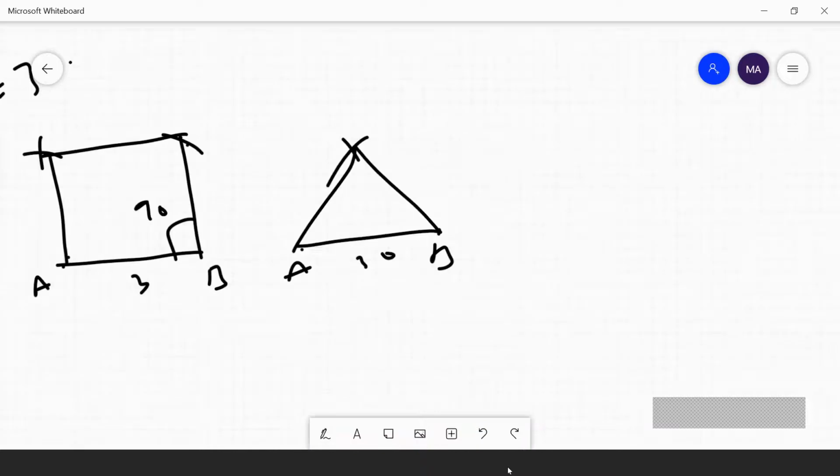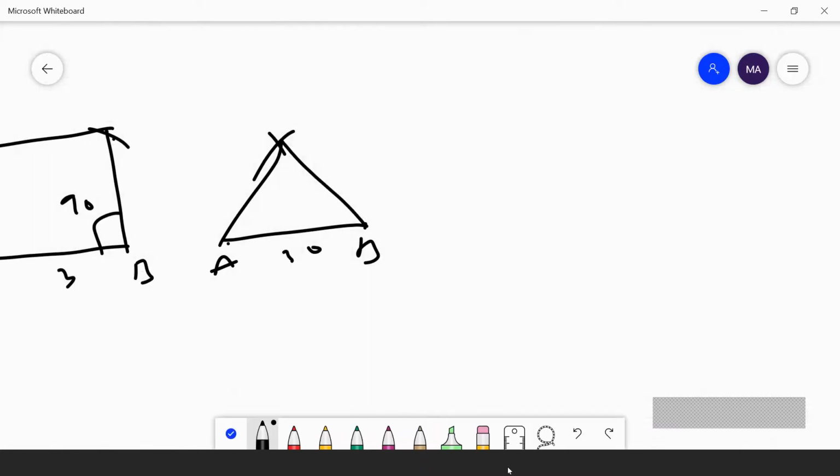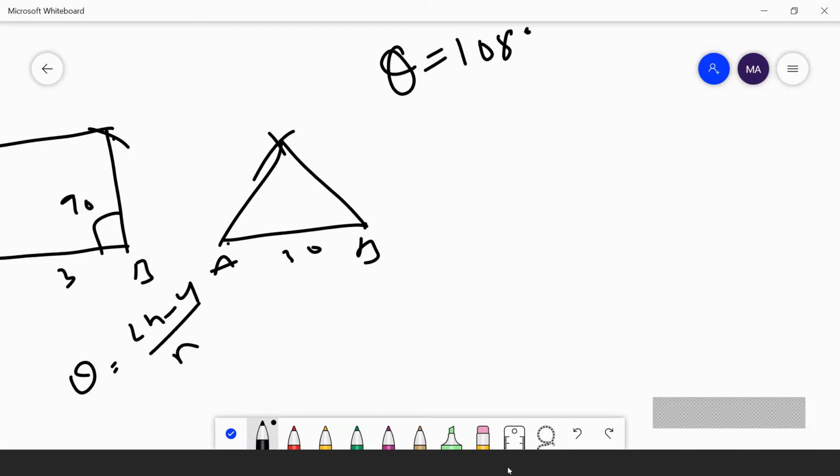Next, I will go to the pentagon. How to draw the pentagon? The side is 30 mm. The internal angle of the pentagon is 108 degrees. You have a formula: theta is equal to (2n minus 4) by n into 90, where n is the number of sides.